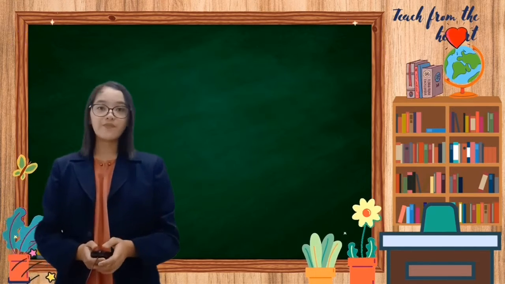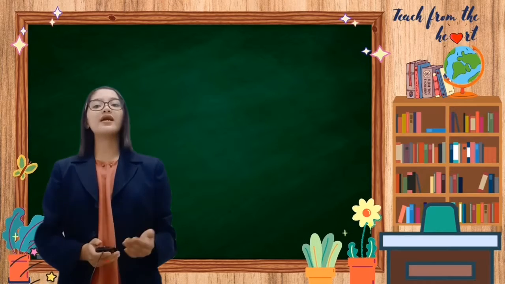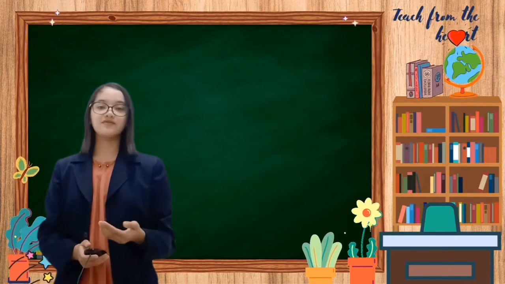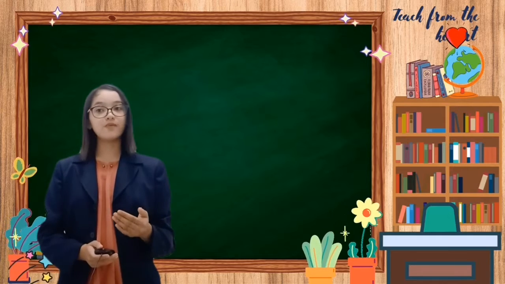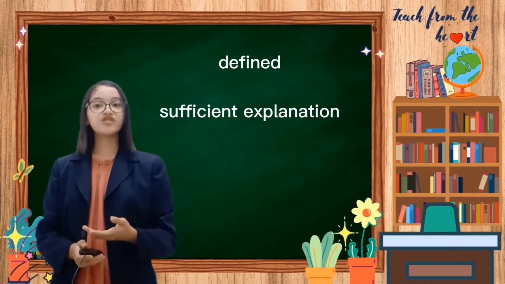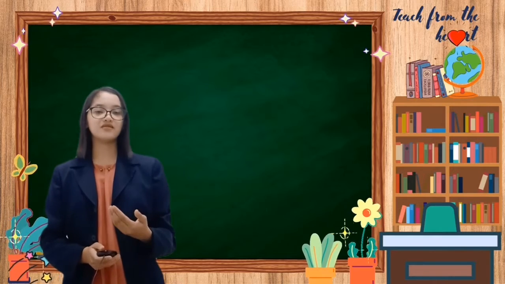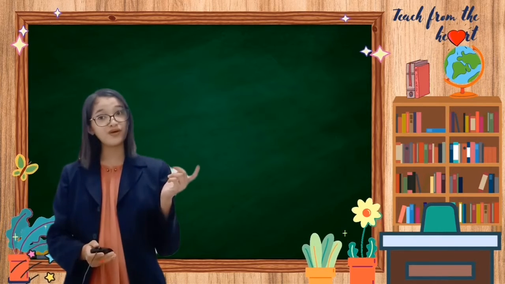That is a type of context clue that explains the meaning of the unfamiliar word in the sentence. The new word may be defined or sufficient explanation may be given within a sentence or in the following sentence. Find it difficult?